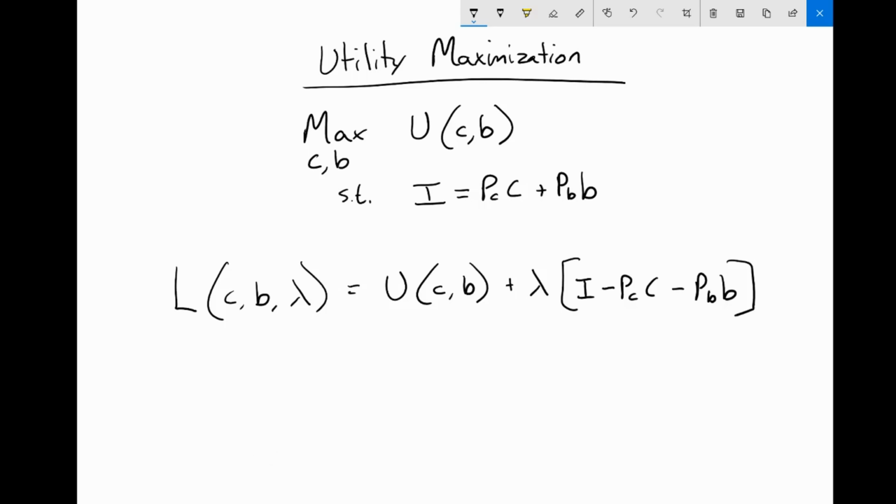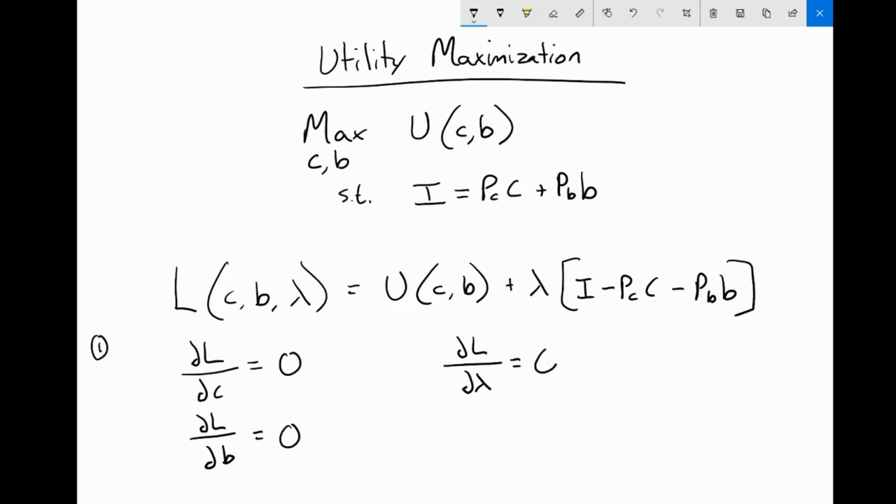First step, we find the derivative of the Lagrangian with respect to C, the derivative with respect to B, and the derivative with respect to lambda. Step 2, we set all of these derivatives equal to 0.